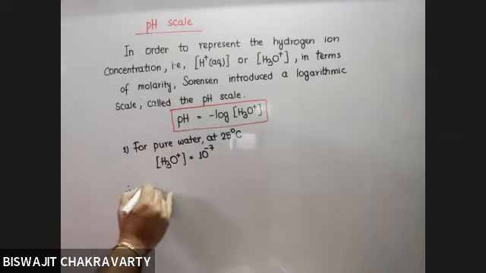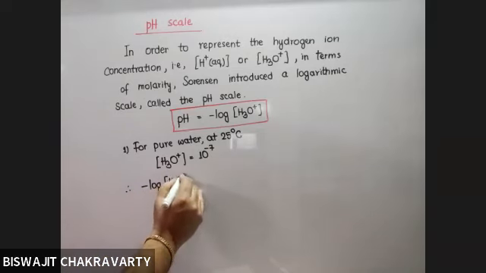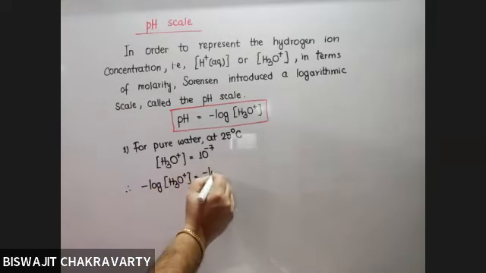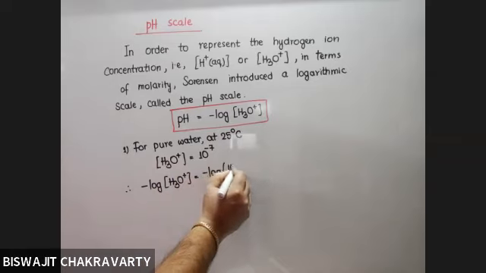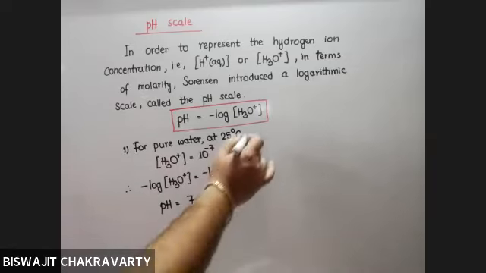So therefore minus log of H3O plus will be equal to minus log of 10 to the power minus 7. Now this is nothing but pH. This will be 7. Clear or not? Yes, sir.